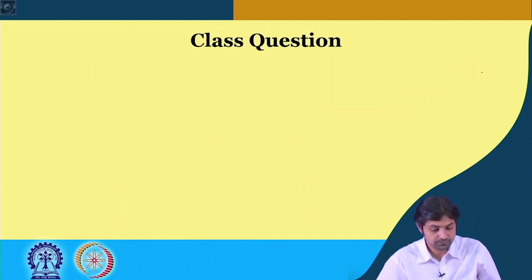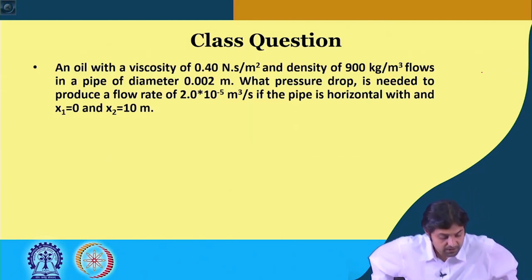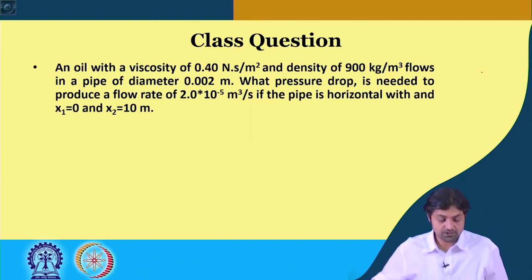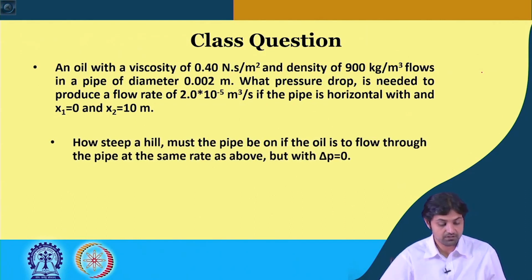Good. Now we are going to solve a question which says that an oil with viscosity of 0.4 Newton second per meter square and density of 900 kilogram per meter cube flows in a pipe of diameter 0.02 meter. What pressure drop is needed to produce a flow rate of 2 into 10 to the power minus 5 meter cube per second if the pipe is horizontal with x1 equal to 0 and x2 equal to 10 meter?